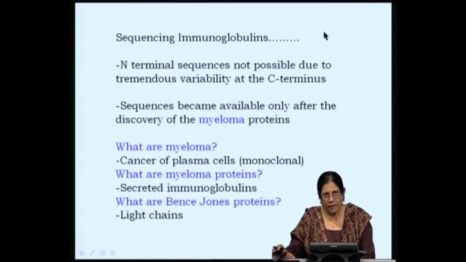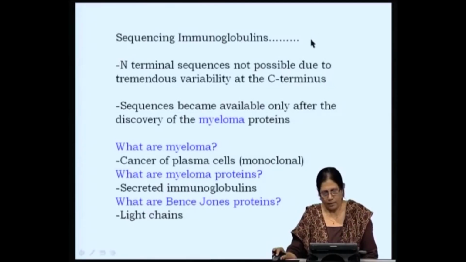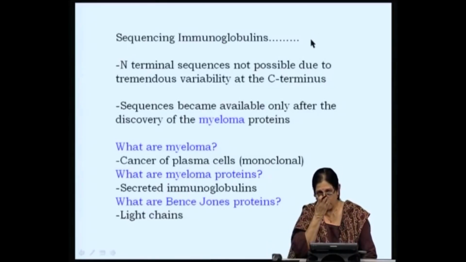Now, already in the 1930s, sequencing of protein, the methodology at least, came to be established. So, scientists started to sequence immunoglobulins. Now, how were the immunoglobulins purified?